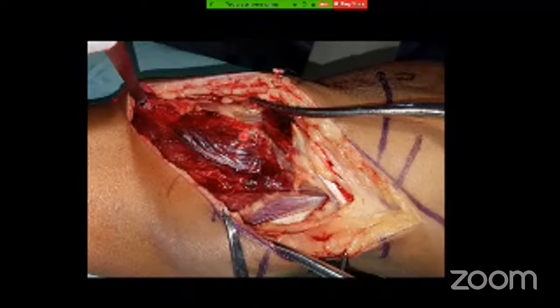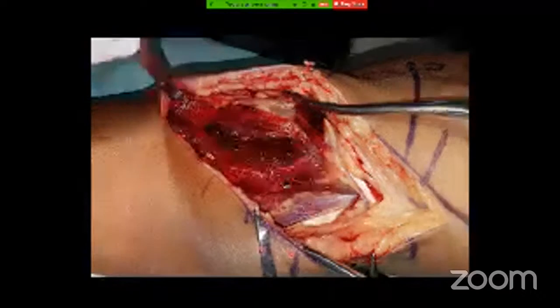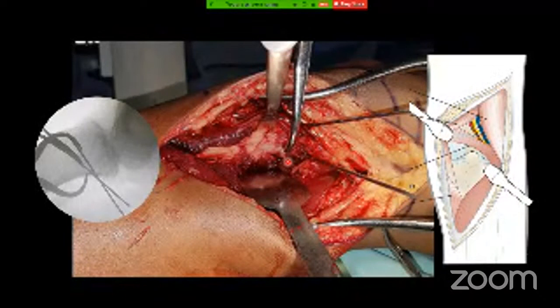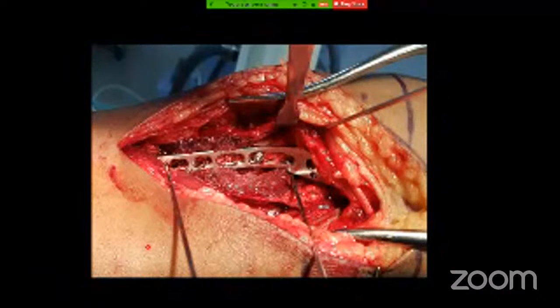This is a nice view of the popliteus. This is the gastrocnemius medial head visible, and this is how the popliteus is released. And then once you release all the things described by Jignesh bhai, you can see the posteromedial aspect nicely. Then you can do your temporary reduction with the clamp and K-wires. And this is how we put a plate.